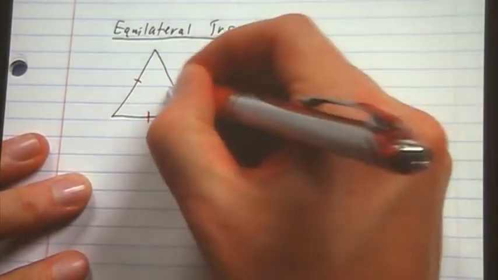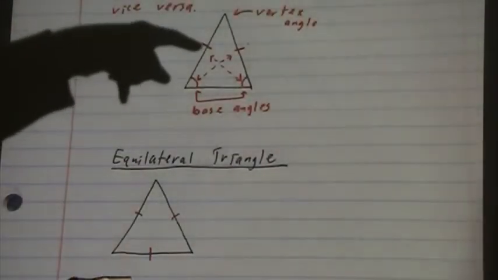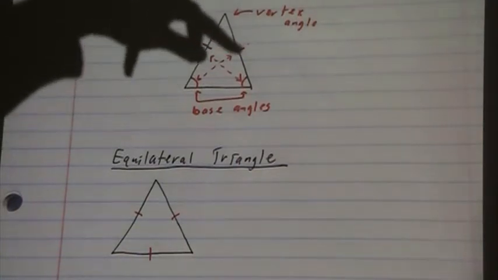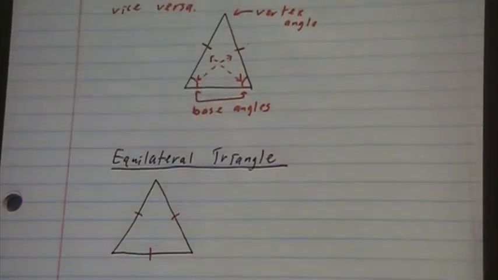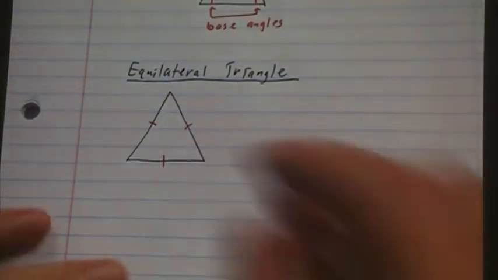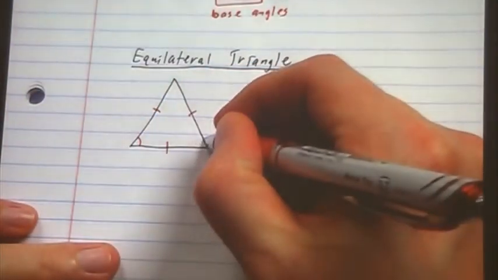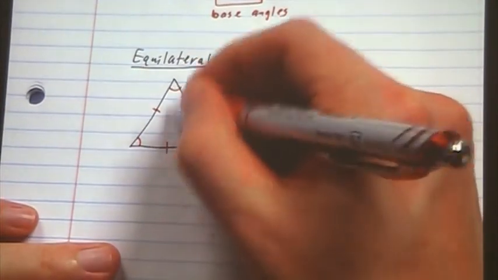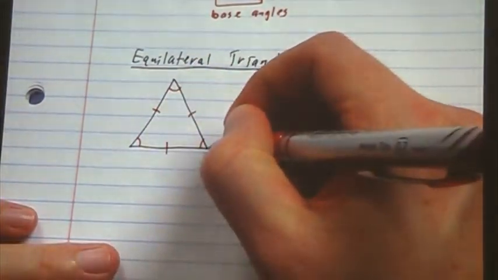Boom, boom, boom. But remember what we just talked about here is if sides are congruent, the angles across from them are also equal. If all three sides are congruent, then all three angles are also going to be congruent because those are the angles across from each side.